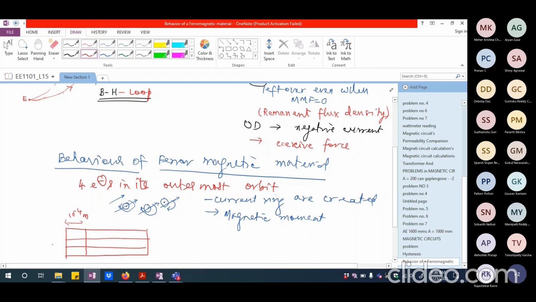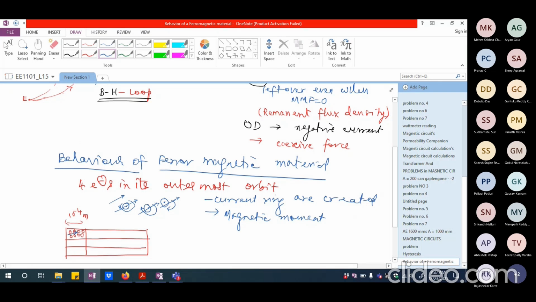Within this domain, we have several atoms, and all the atoms have their outermost orbit electrons spinning along the same direction, because of which every domain is going to have a magnetic moment.